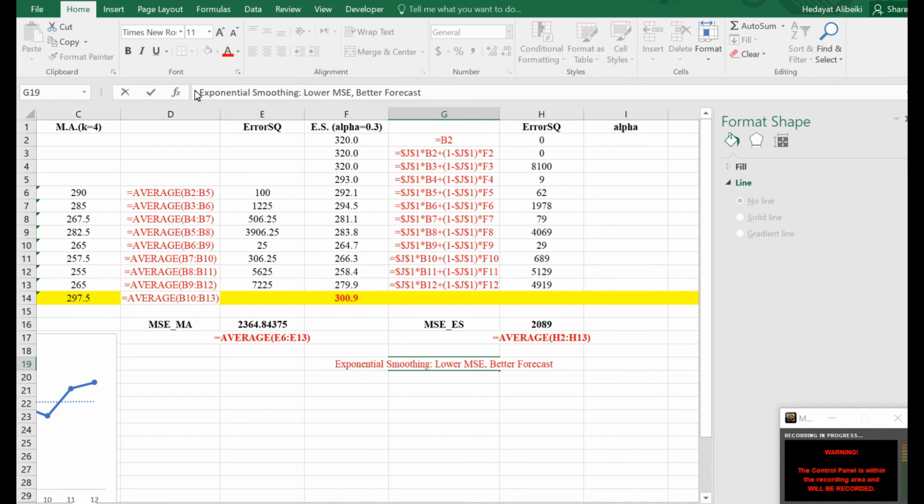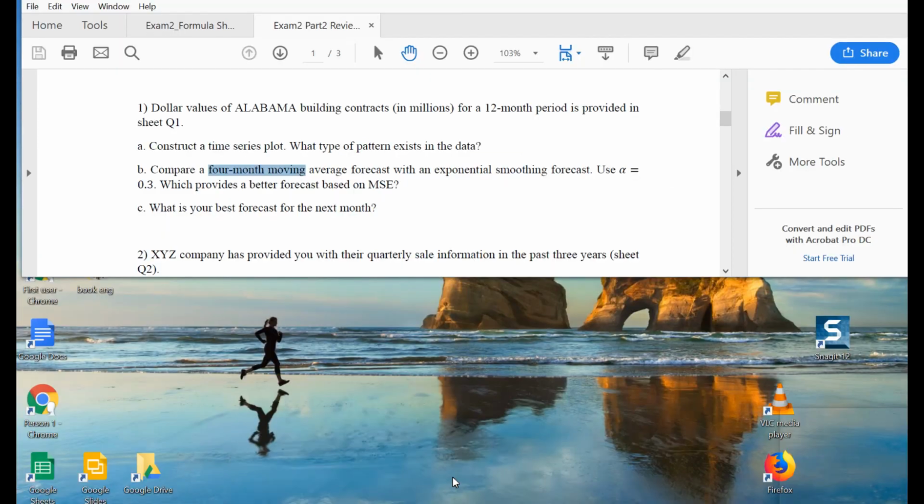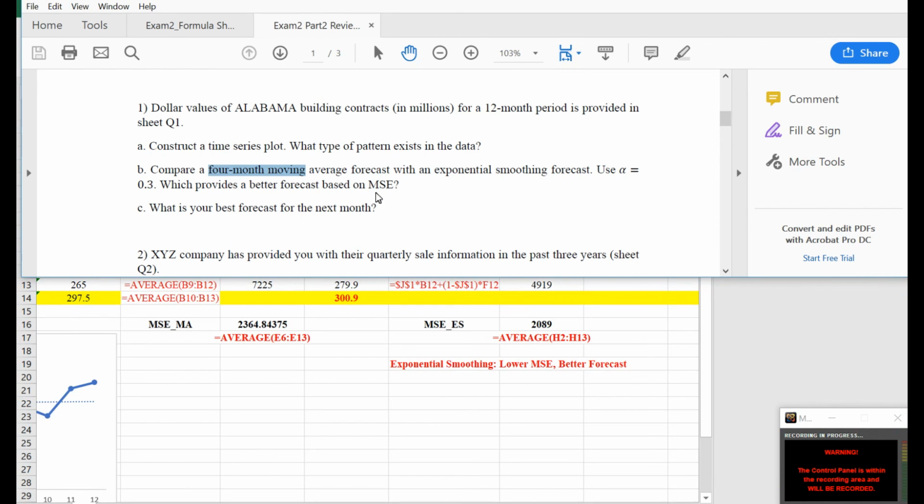Lower MSE is better. Which provides a better forecast based on MSE? The one with the lowest MSE, which is exponential smoothing. What is your best forecast for the next one?